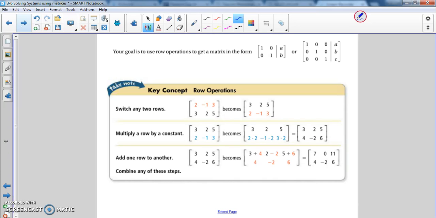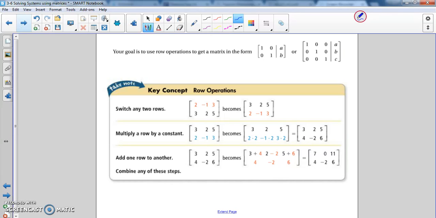Our goal in this is to use row operations to get a matrix in the form [1, 0, 0, 1] equal to A and B, where A and B are constants, or [1, 0, 0, A; 0, 1, 0, B; 0, 0, 1, C], where A, B, and C are constants.